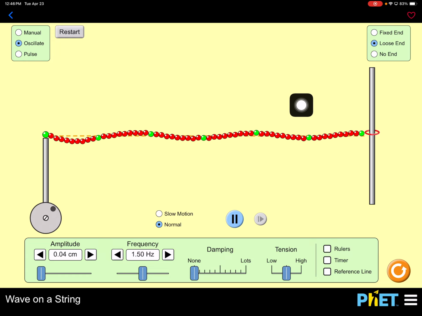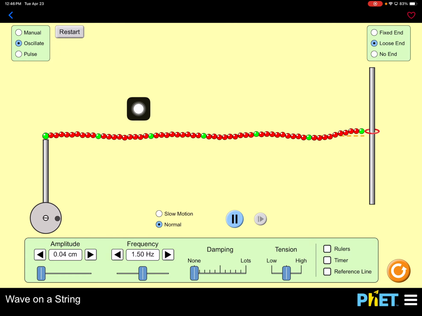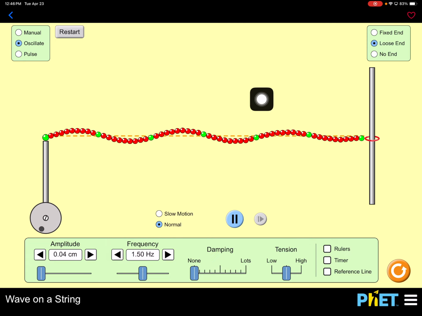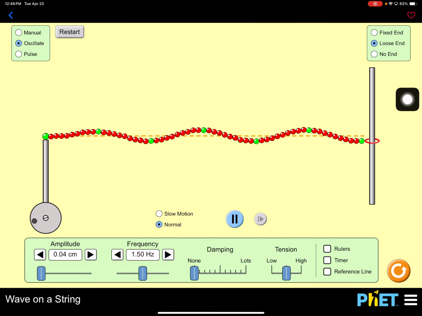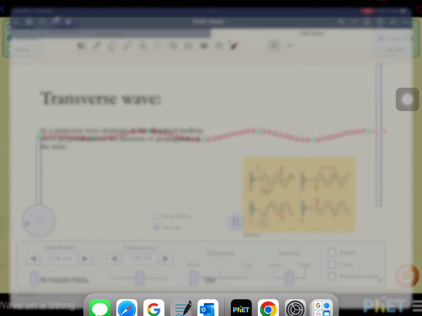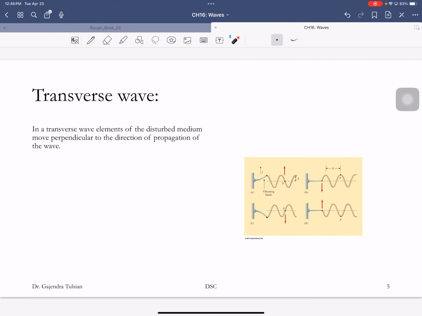That is a transverse wave. If the particles oscillate parallel to the direction of travel, those are longitudinal waves. So a transverse wave is when the particles of the medium oscillate perpendicular to the direction of travel. The particles are oscillating like this, and the wave velocity is in that direction.